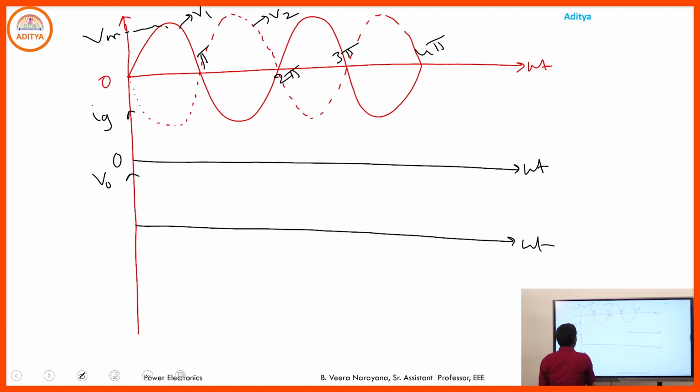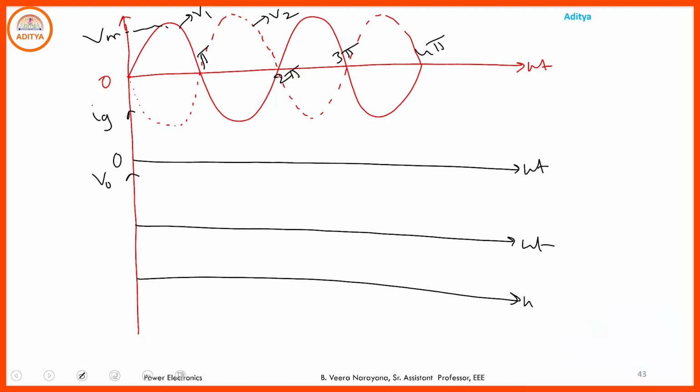Here I just want to draw the output voltage and consider the current.